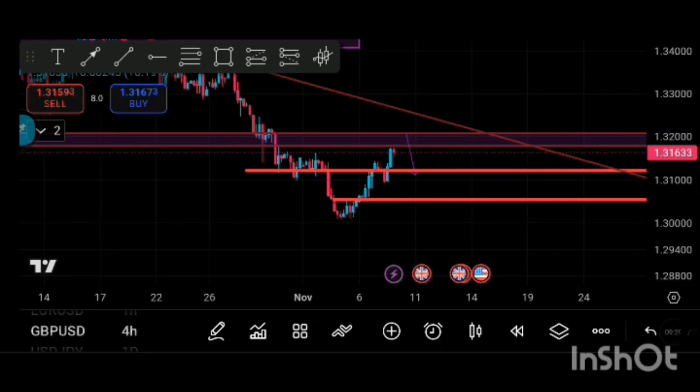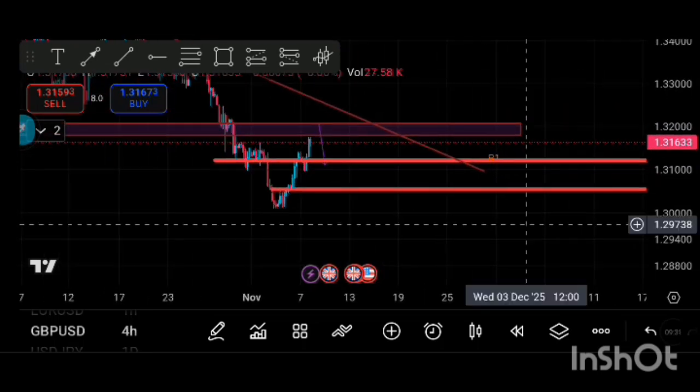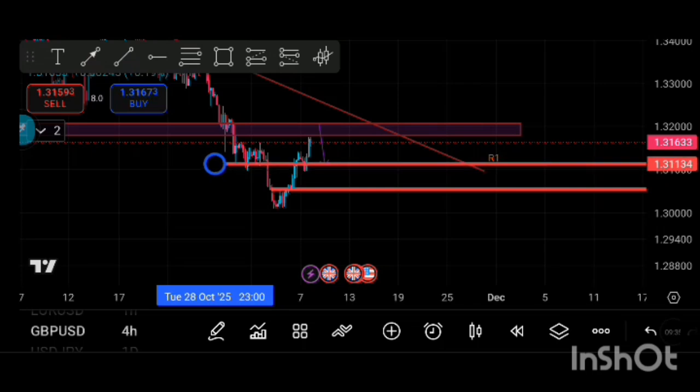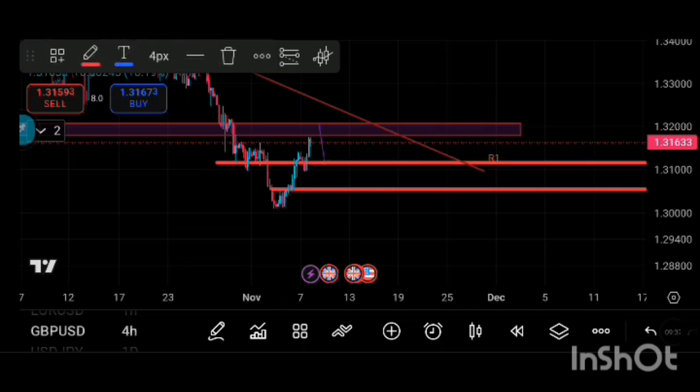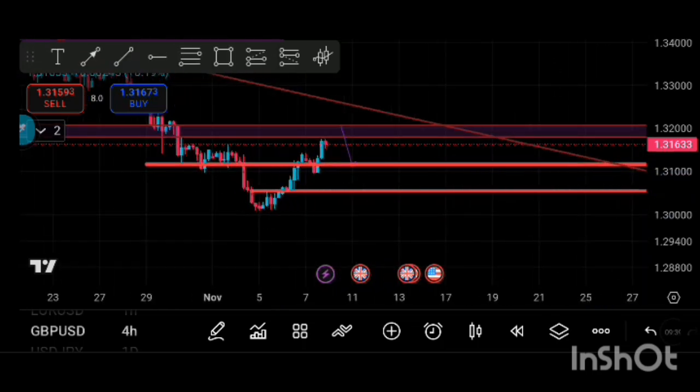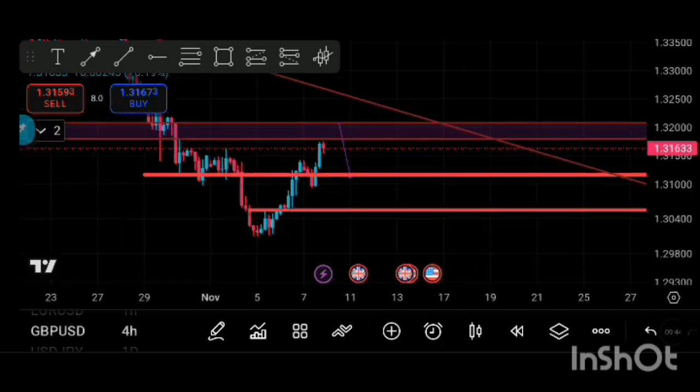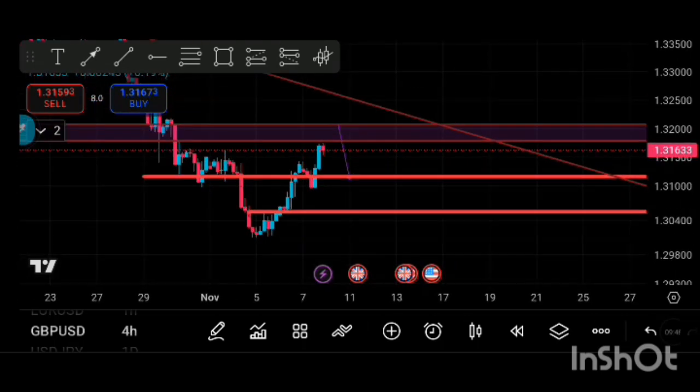So that's my R1. Here's R1. Basically, as you can see, R1. So basically, if possible, what I'm going to do is take a sell.